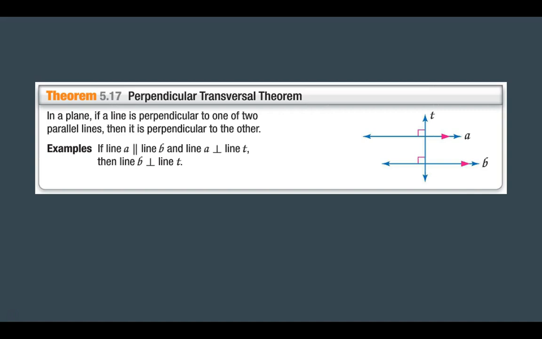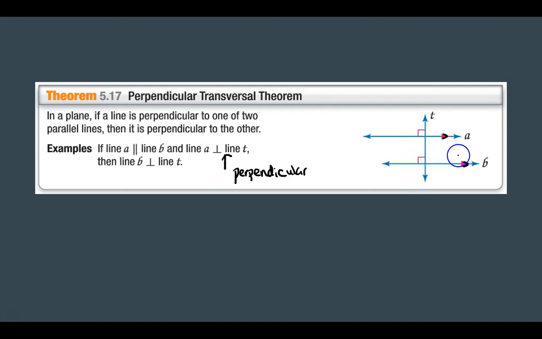Perpendicular transversal theorem. In a plane, if a line is perpendicular to one of two parallel lines, then it is perpendicular to the other. If line A and B are parallel, that's what these arrows show, then line A is perpendicular, that's what that symbol means, to line T. There we go, which is shown here, which is why we have 90 degrees.